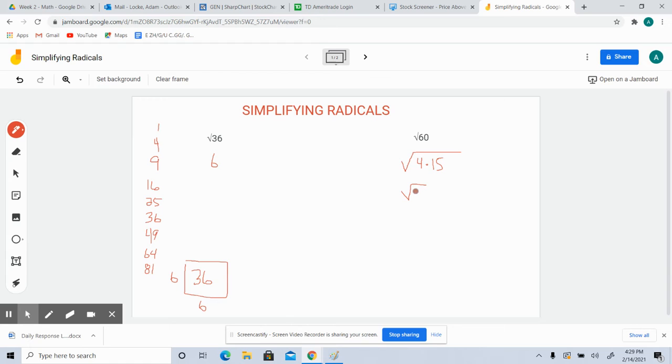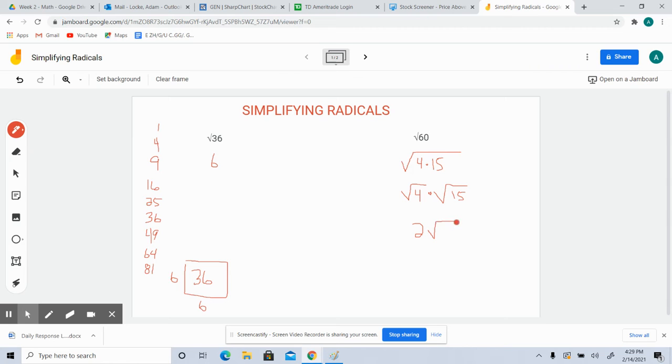We can actually write it out that way. Square root of 4 times square root of 15. And if you type that into a calculator, you're going to get the exact same answer as you would if you typed in the square root of 60. From here, we want to break down this square root of 4. Square root of 4 is 2.